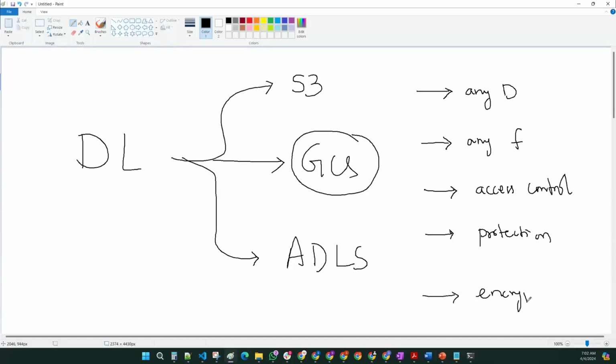These are all the important aspects. When it comes to access control, you need to worry about whom you want to share the data with. And protection is something like versioning the data or retention policies. All of these characteristics make a data lake. Even S3 and ADLS have the same thing.